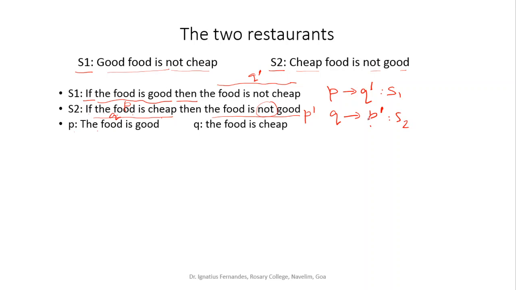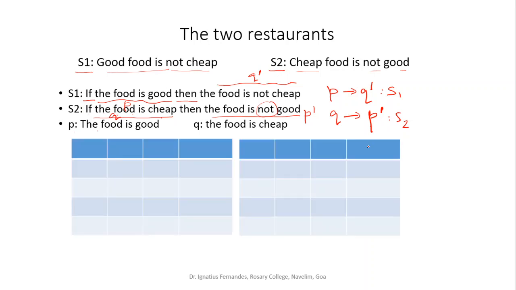All that I have to do is write down the truth table for both of these, like how we did in the previous example, and check whether the truth values are the same or not. Okay, so we'll write down the truth table for S1, and the truth table for S2. So I have P, Q. In S1 I need Q bar, and then I need P implies Q bar.